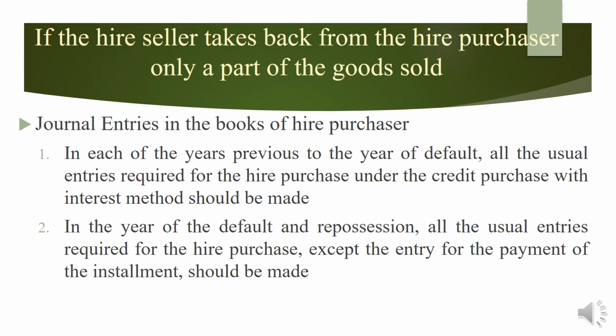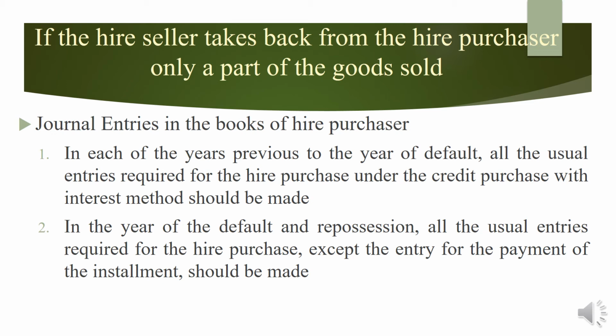Now let us discuss the accounting entries in the books of hire purchaser and hire seller in case only a part of the goods is repossessed, that is, only part of the assets are taken over by the hire seller.